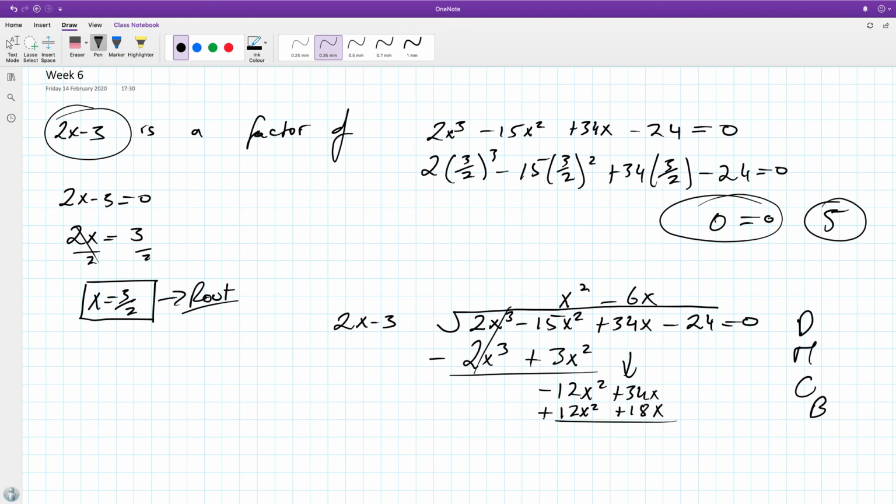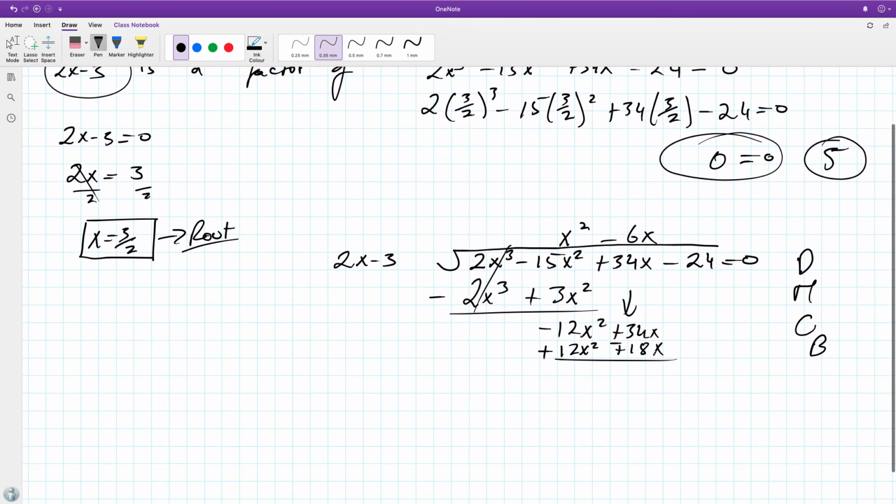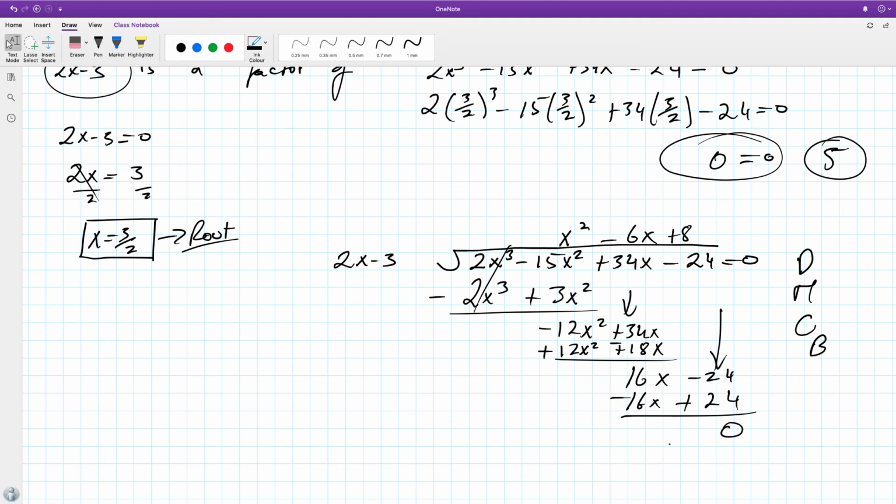Change the sign of your bottom line, that becomes a plus, that becomes a minus. 34 minus 18 is 16x. 2x into 16x goes plus 8 times. Don't forget to bring down your minus 24. Plus 8 times 2x is 16x, plus 8 times minus 3 is minus 24. You always know you're right because you'll be left with 0. If you're not left with 0, there's something gone wrong.